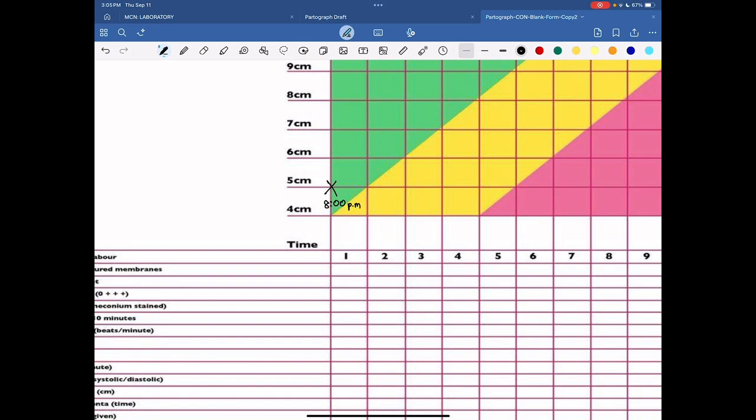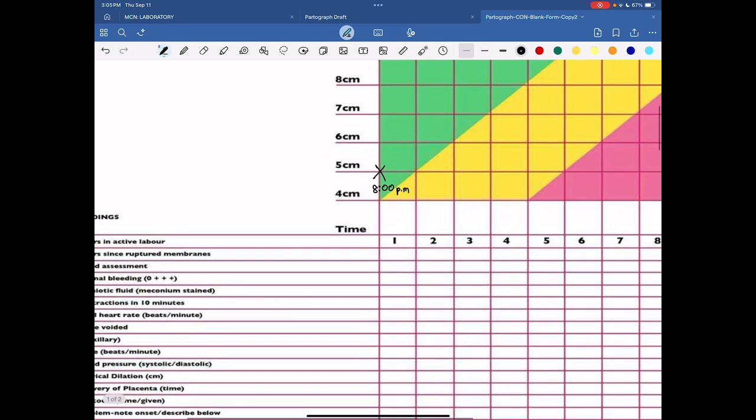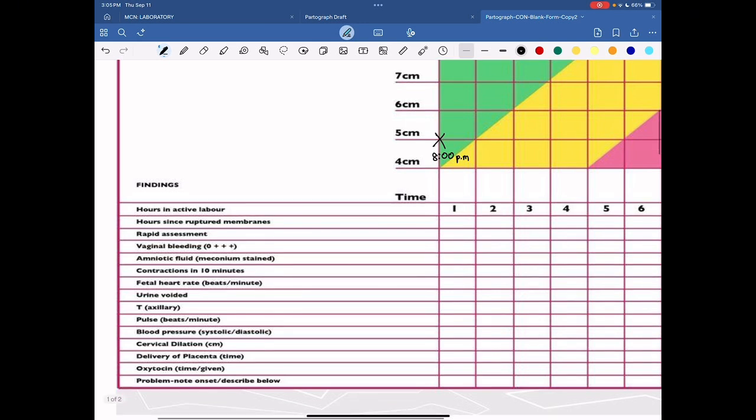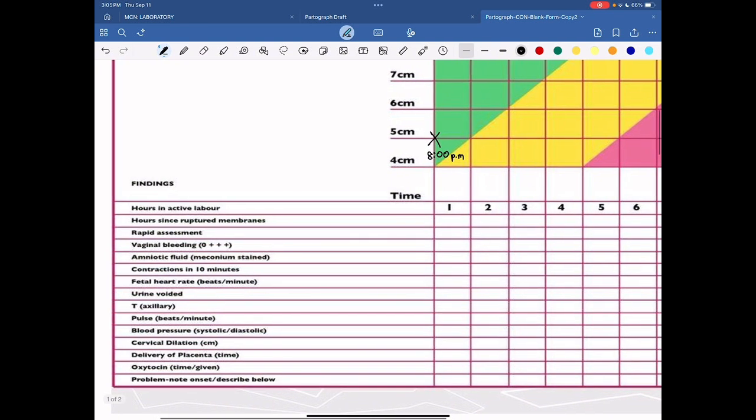At 8 p.m., Jenny Kim was assessed for the following. She was again 5 centimeters dilated with a positive bag of water. So we can put the amniotic fluid to be absent.